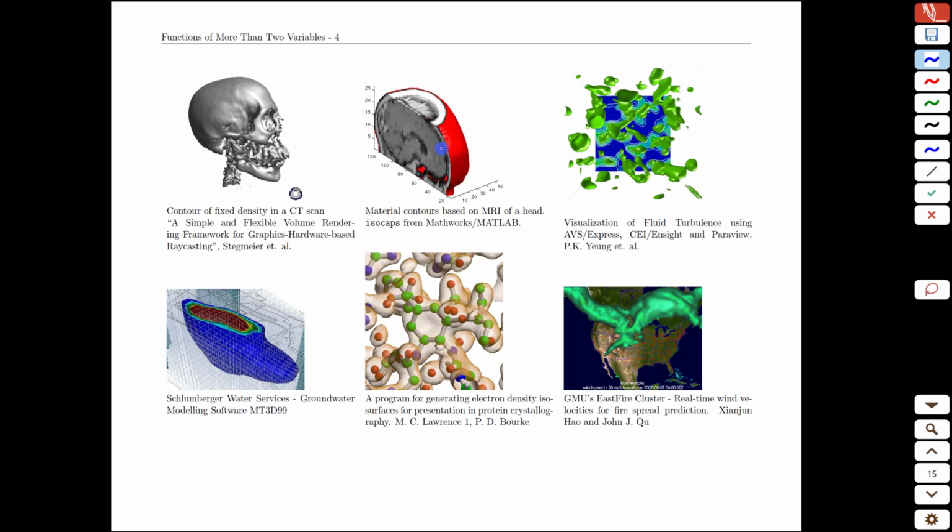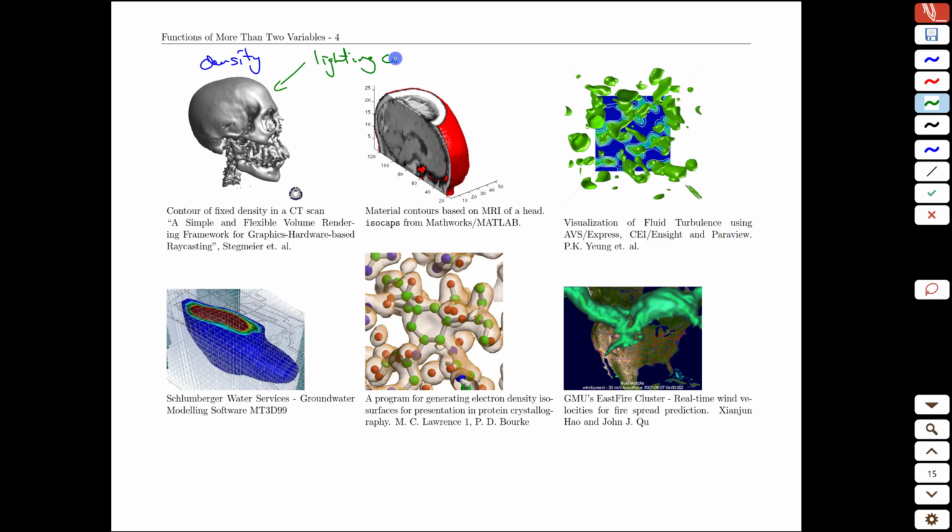Sometimes this can be made clear, or clearer anyway, by looking at computer-generated level surfaces. They have a little more clarity than the hand-drawn ones. There's a number of examples here, including a CT scan, where we would have density as the main feature, and this has the additional effect of adding lighting effects.